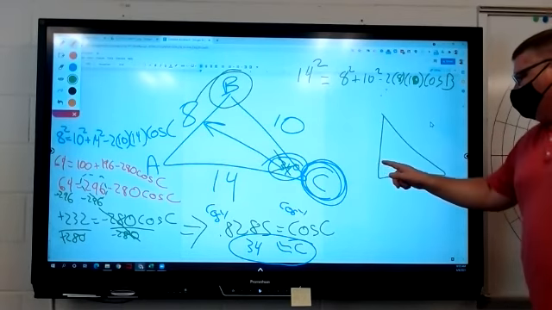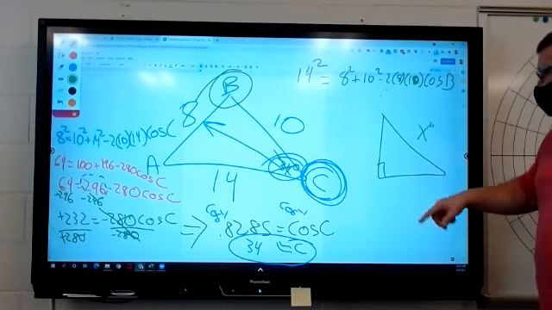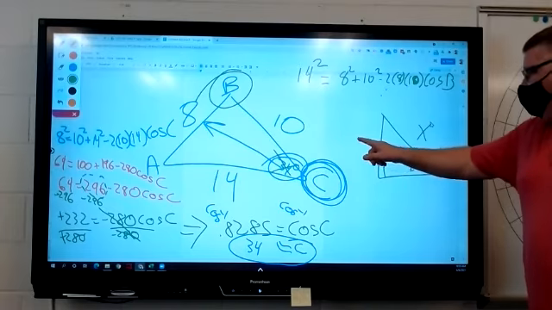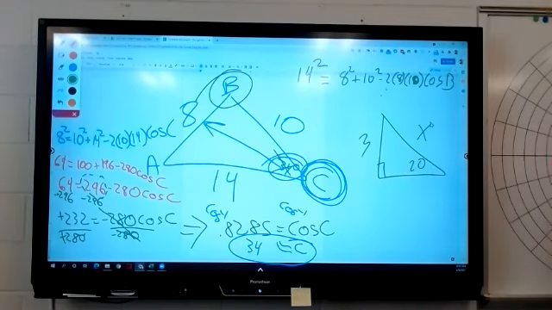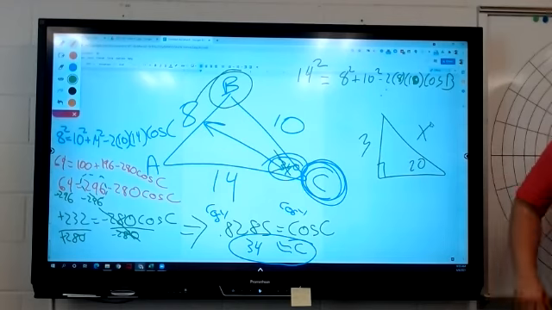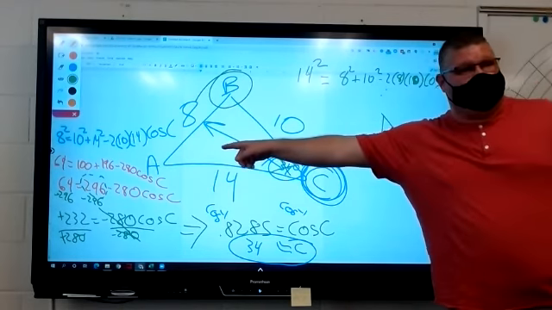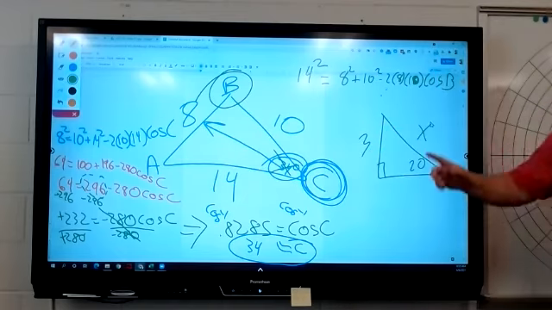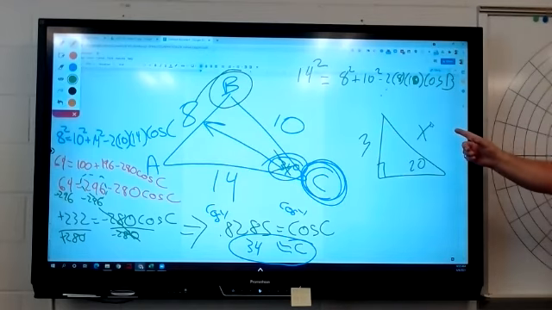Okay, what if I'm going to do this triangle right here? I want to find x. I know 20, and I know 3. I can't do Pythagorean theorem because I don't have the other side, but I like where your brain is. How come I couldn't use Pythagorean theorem over here? No right angle. How come I totally could use it here? Right angle. What else can I use because there's a right angle?